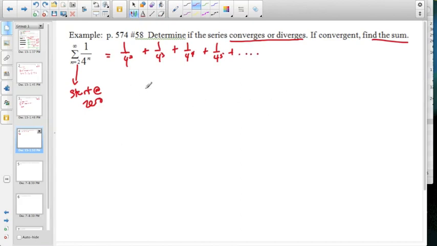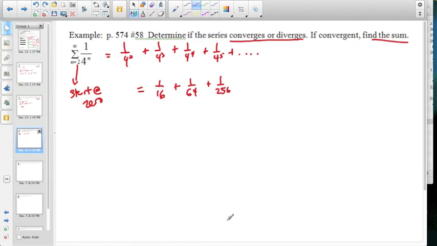So if we look at that, we'll just write out these first couple of terms. That's 1/16. That's 1/64. That is 1 over, what is that, 256, I believe.